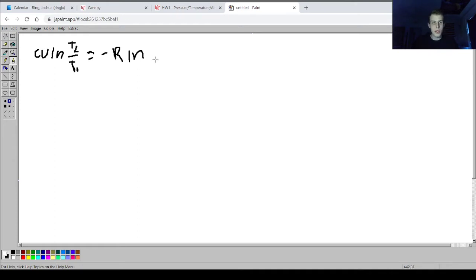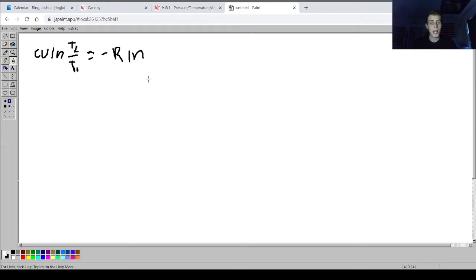In our previous part, we had this exact same equation: Cv natural log of T2 over T1 equals negative R natural log of V2 over V1. But for this, we're going to change it up a little bit.